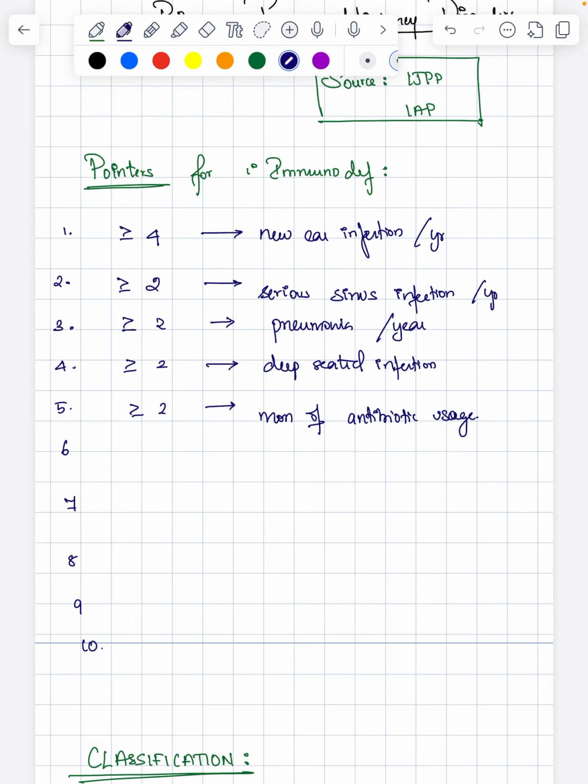Sixth point, when the child is having persistent oral thrush or a fungal infection on the skin. You should mention the word persistent.